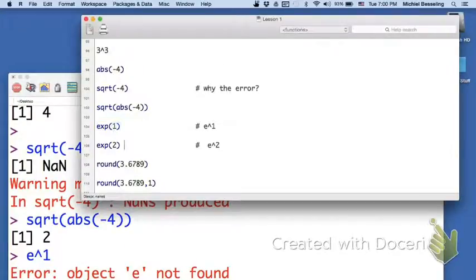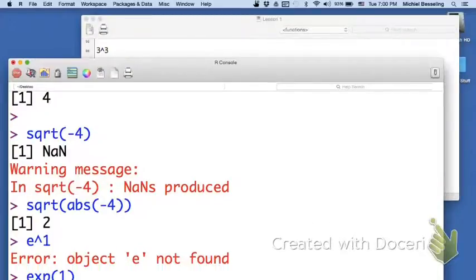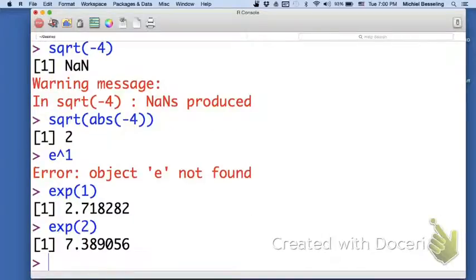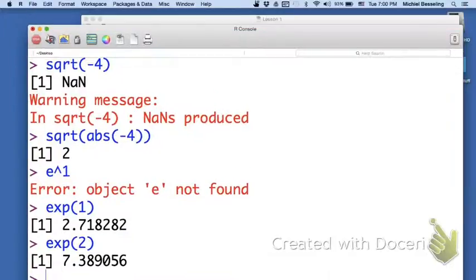If you want to take e to the second power, that's no problem. e to the second power should be somewhere between 4 and 9. Since e is between 2 and 3, e squared should be somewhere between 2 squared and 3 squared, so between 4 and 9, probably a little closer to 9. And indeed, it's 7.3890.